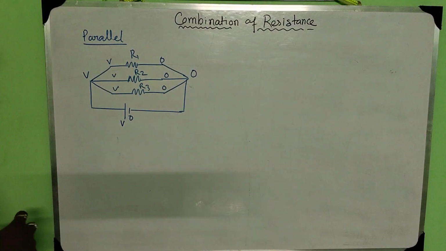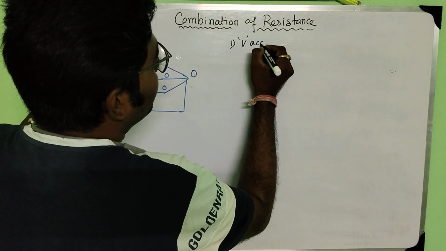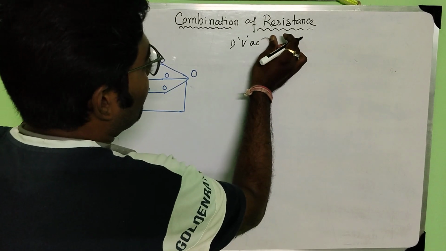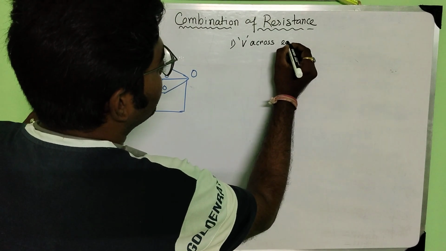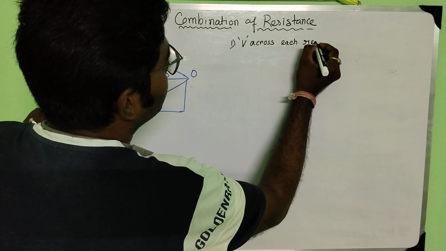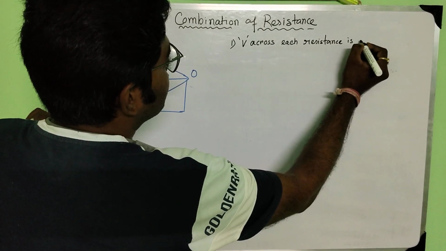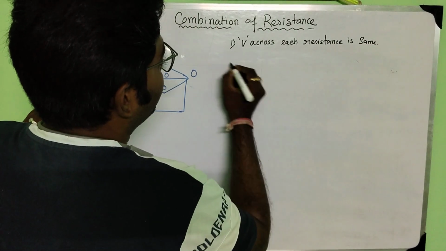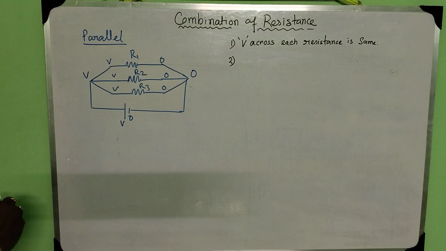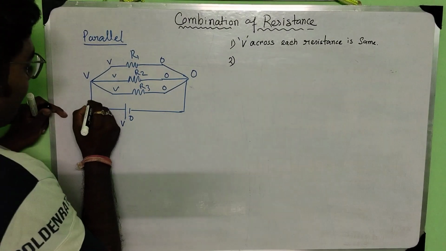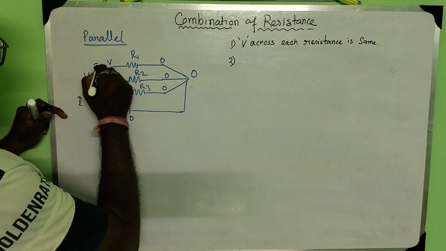So I can say V across each resistance is the same. Second point: suppose the current flowing is I, then obviously at each branch the current division will be different.